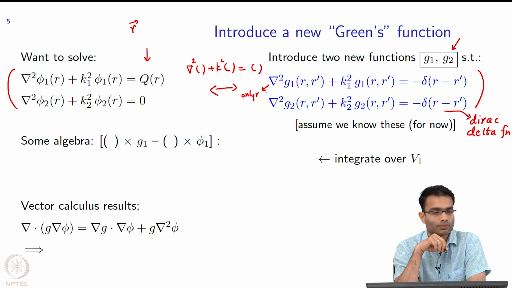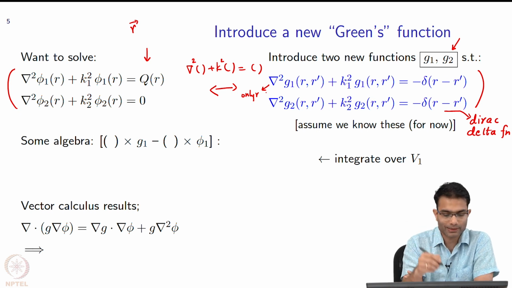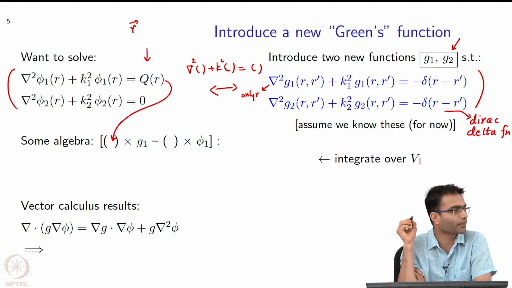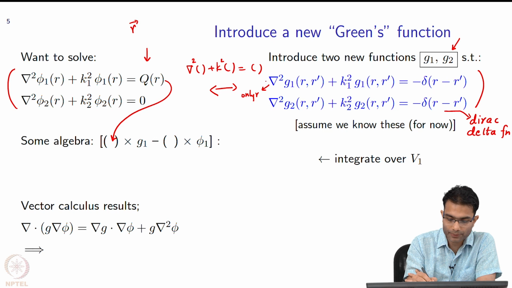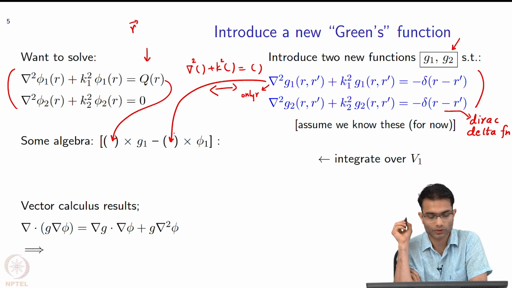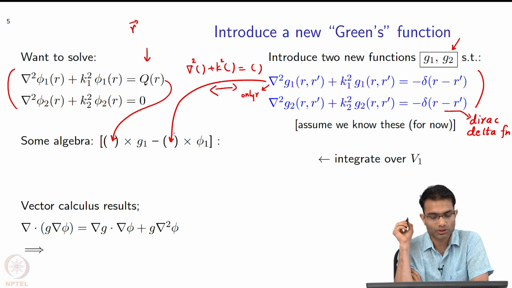Now how do we actually proceed with this? The trick that we will do is, we will take the first equation. Supposing I take this first equation, multiply it by G1, take the second equation, multiply it by phi 1, and subtract these two. By subtracting these two, is there any advantage that I get? The right hand side, nothing much will happen to it.